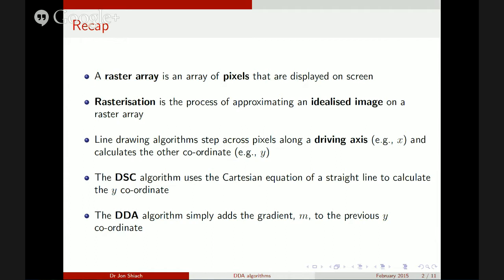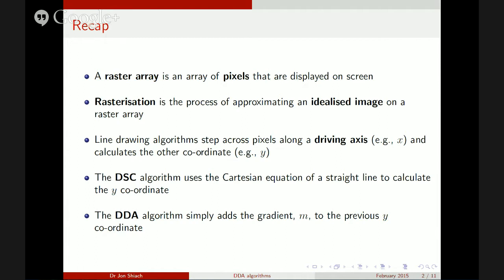And how all these algorithms work, well, we're only looking at 3 of them, is we have a driving axis. So that's either the horizontal or the vertical axis. And essentially, with the driving axis, you just step along from one pixel to the next. So if X is your driving axis, you just step along each pixel, starting on the left and going left to right.